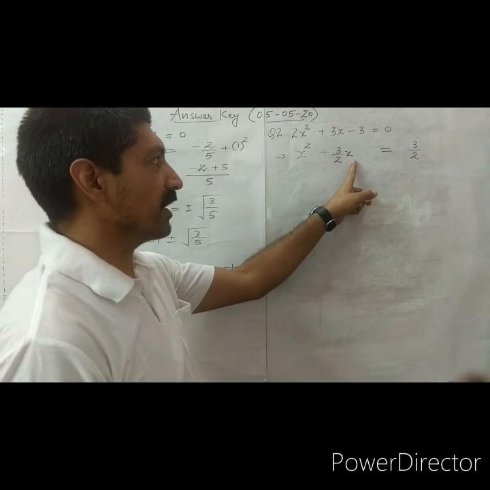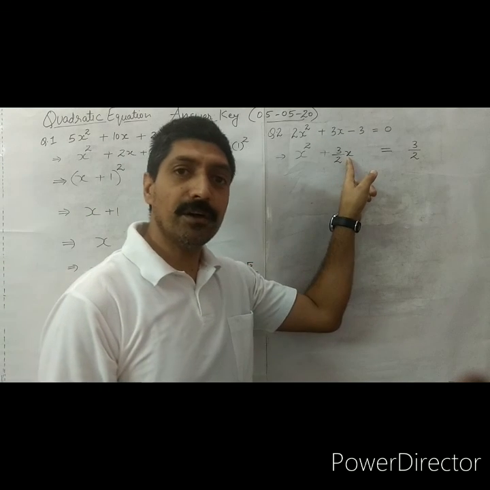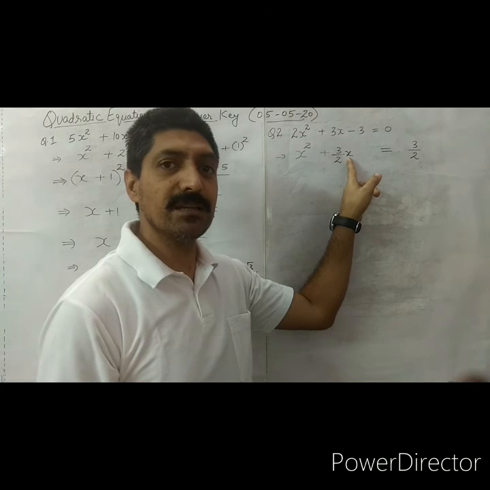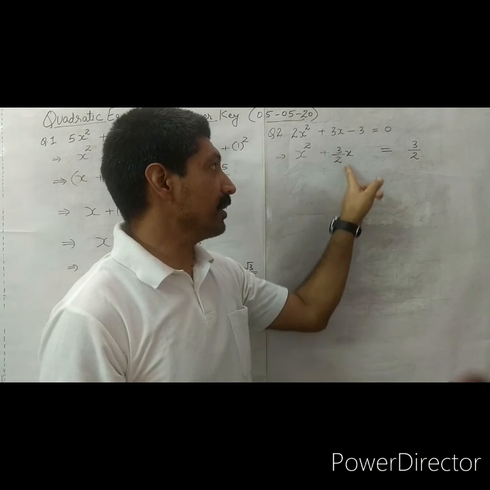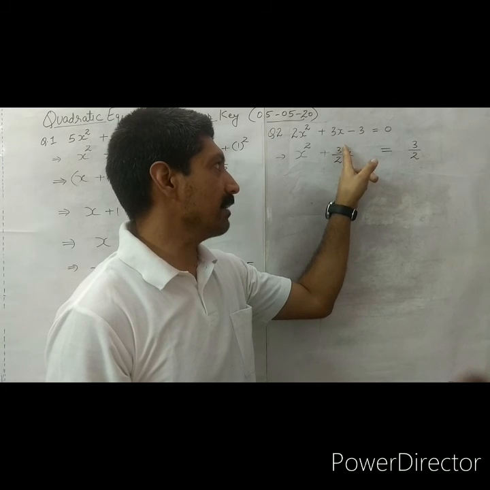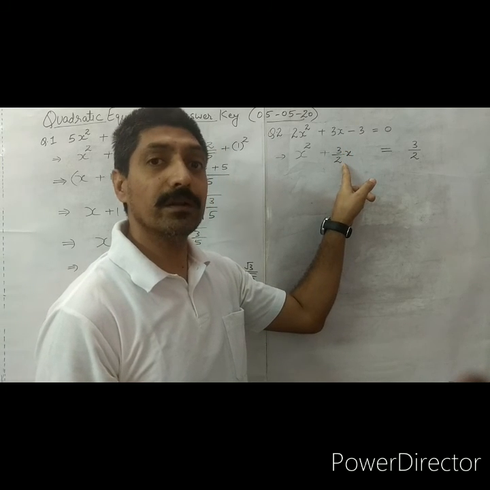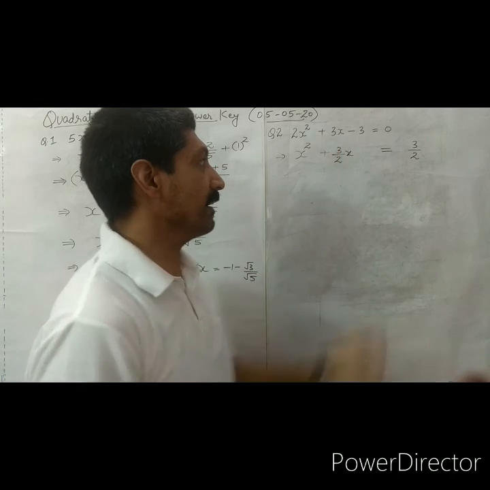Now to complete the square, the coefficient of this x is 3 by 2. So we will divide this coefficient of x, that is 3 by 2, by 2. So it becomes 3 by 4.